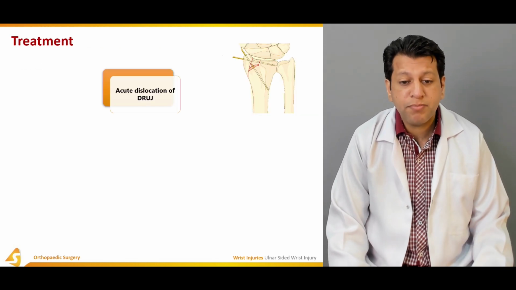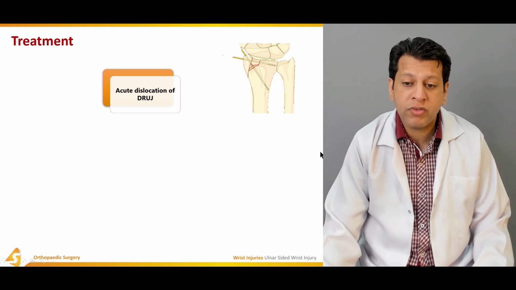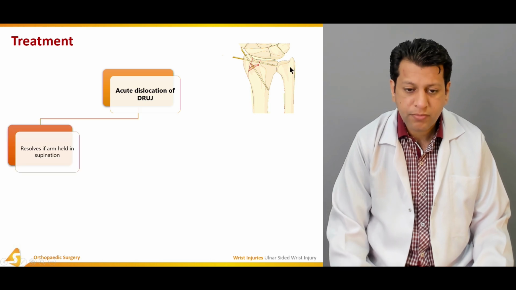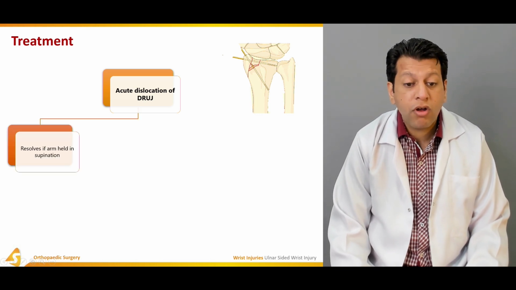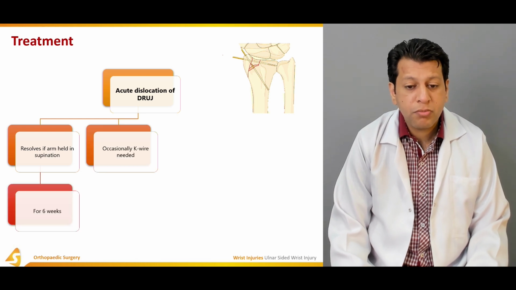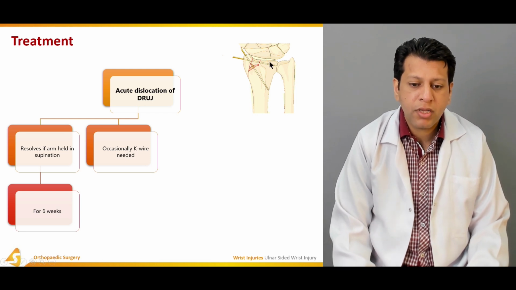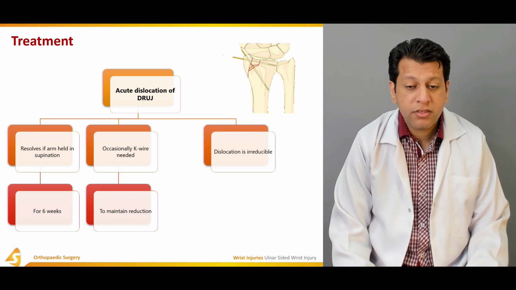Now coming to the treatment, if there is an acute dislocation of the distal radioulnar joint, found between the distal radius and the ulna, it usually resolves if the arm is held in supination with a splint for 6 weeks. Occasionally a K-wire may be required from the ulnar side just to maintain reduction and make sure that the ulna stays in place.